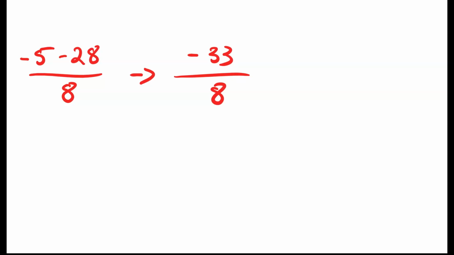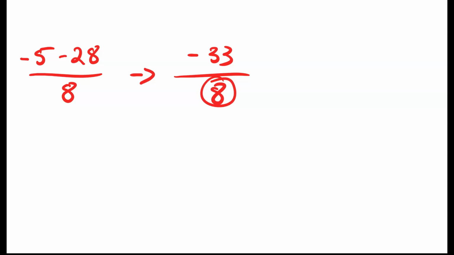Now, once we have it like this, we have our final answer, but it's an improper fraction. The next thing that we need to do is turn this into a mixed fraction. The way that we're going to do that is take our 8 and have it divide into the 33.